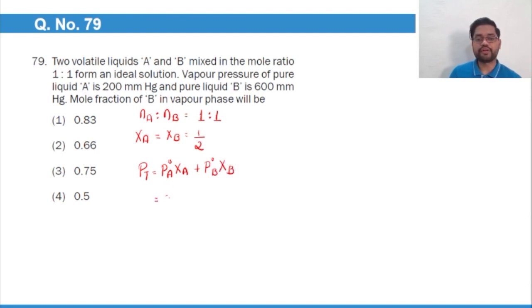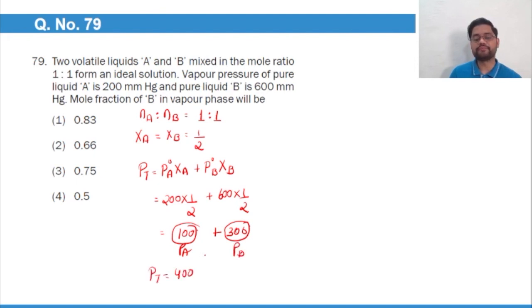What is P naught A? 200. 200 into 1 by 2 plus 600 into 1 by 2. So this is equal to 100 plus 300. So this is PA, this is PB, and the total pressure will be 400.